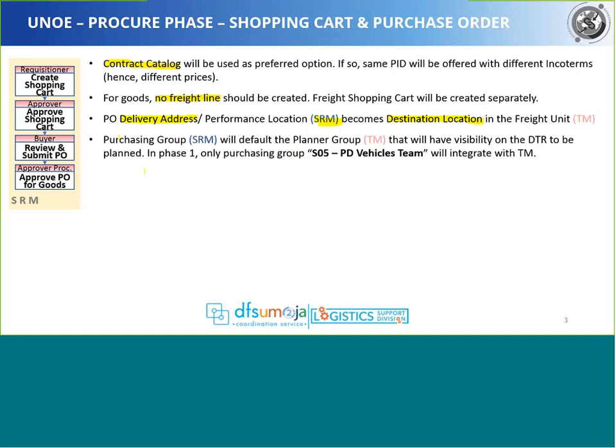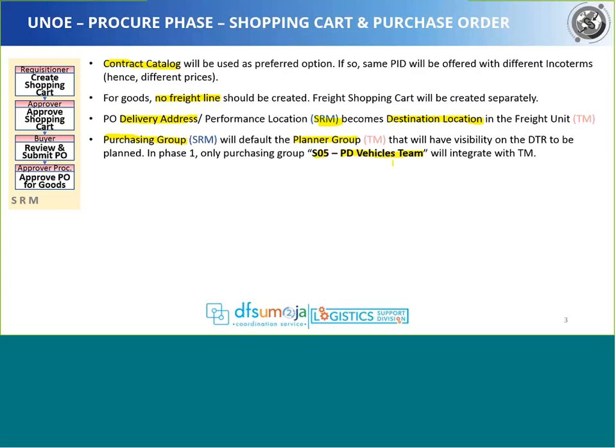Purchasing groups, it's also key. So the purchasing group you select in SRM will derive the planner group in TM. So in phase 1, now that we are talking about UNOE, only purchasing group 05, the one that is related to vehicles, will be the only one for UNOE that will send the transportation requirements to TM.